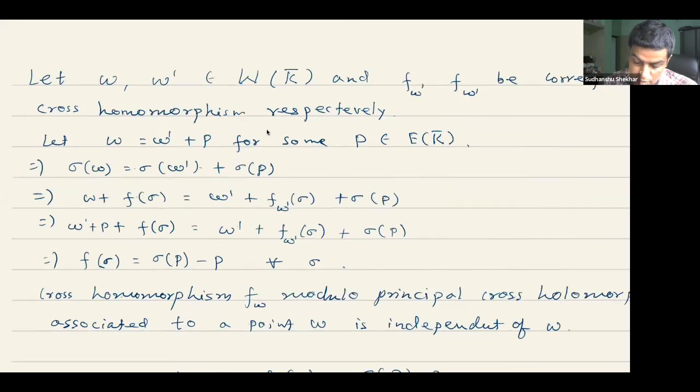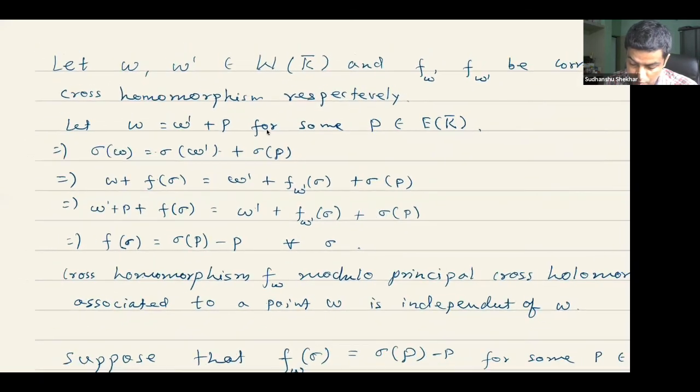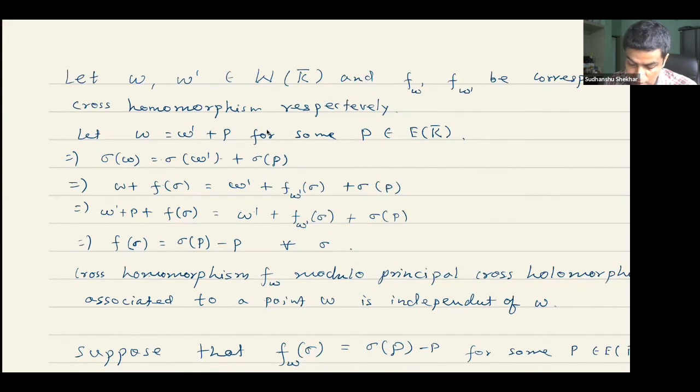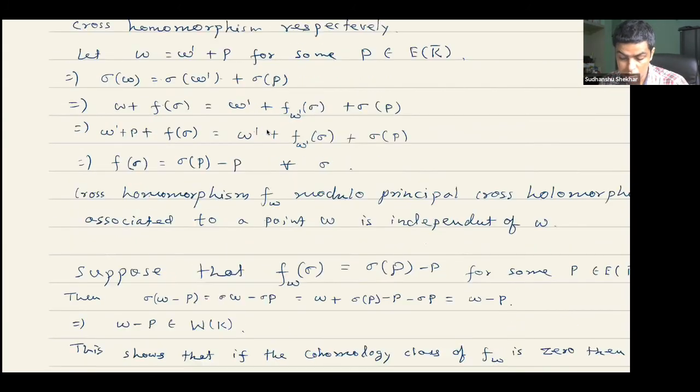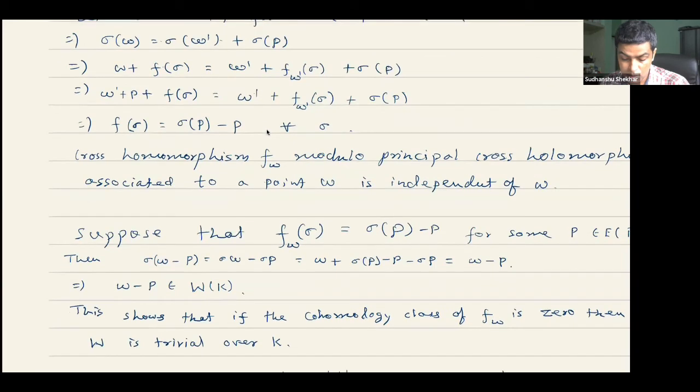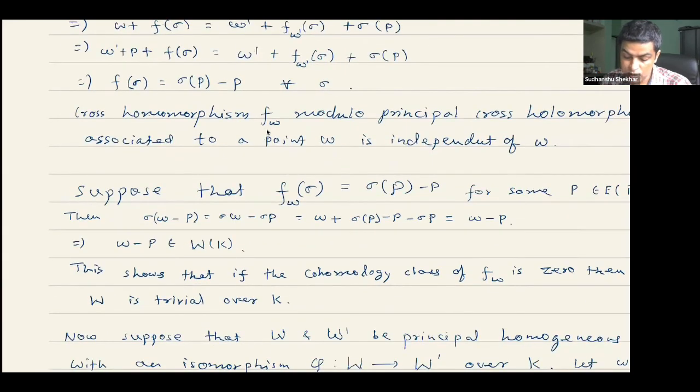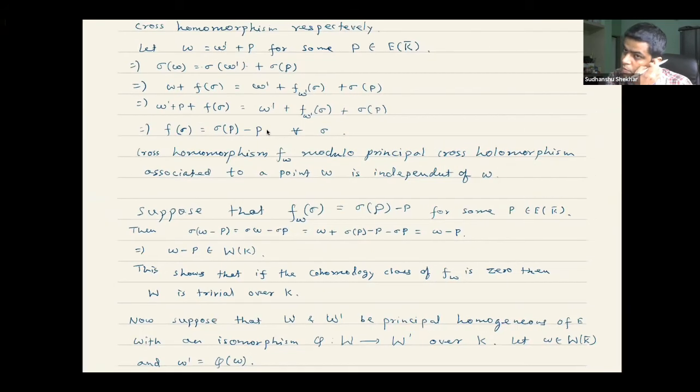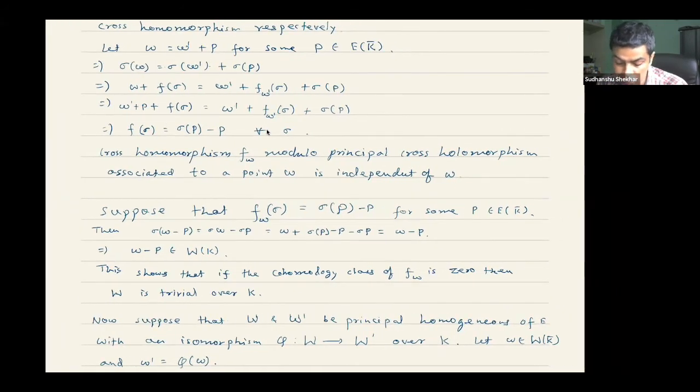From there we see that these two cross homomorphisms f_W and f_W prime differ by a principal cross homomorphism. So the associated cross homomorphism is independent of the choice of the point W, and we can choose any one such point to define this cross homomorphism.